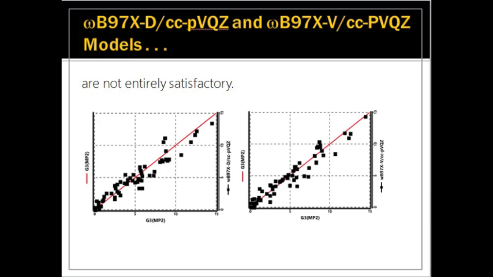This is still much less costly than that. It's not perfect. Here's an XV functional with a big basis set. It's not perfect, but you clearly can see that we're reproducing the trends. We're not perfect. So conformation is in fact not so easy to get, is what I'm trying to tell you.